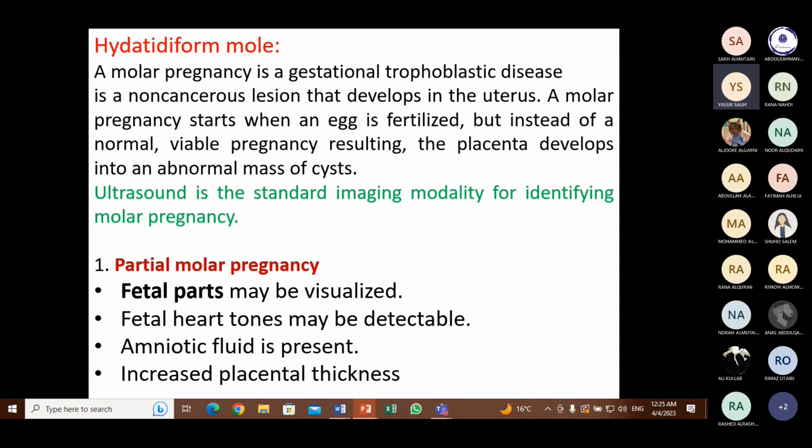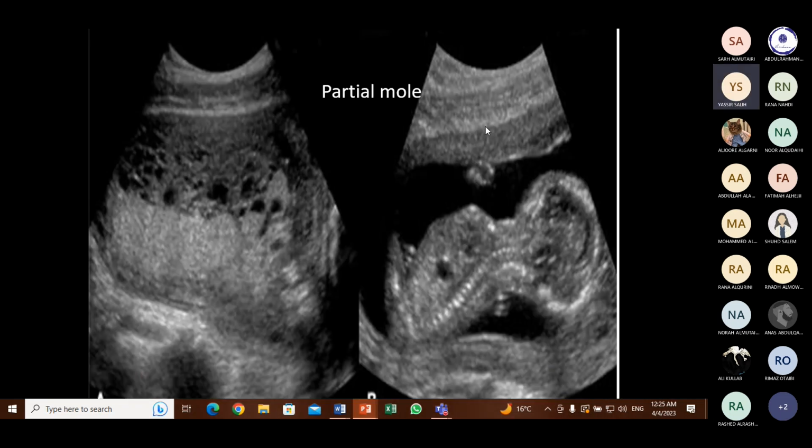Sometimes you find fetal tones, the fetal heart by Doppler, and there is amniotic fluid, as if it were a pregnancy, but the placenta is bulky with increased placental thickness. This is a partial molar pregnancy. You can see the fetal parts, this is the head, this is the spine, but the placenta is bulky with multiple cysts.